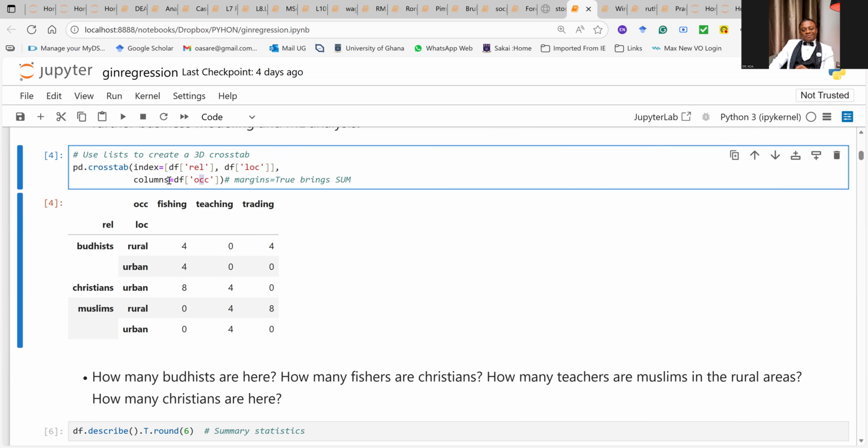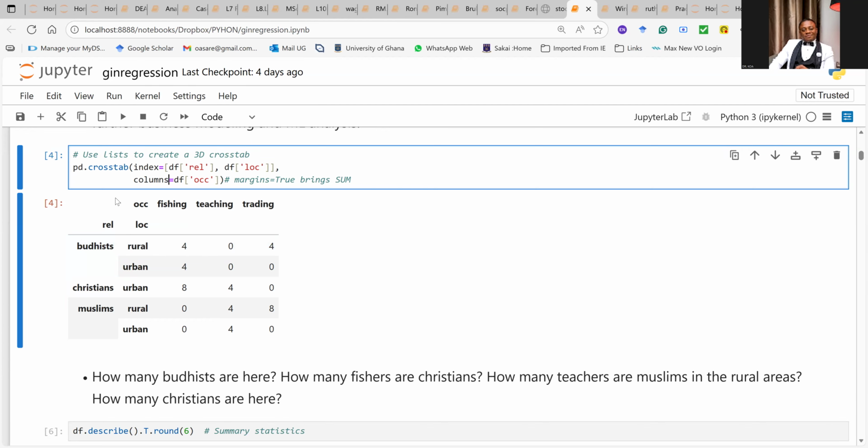Here you indicate which ones are the columns. You can see that occupation is a column, whereas the first 2 are the rows. If you run this cross tabulation, which is another name for contingency table, you get this result. You should run that and get your own result.